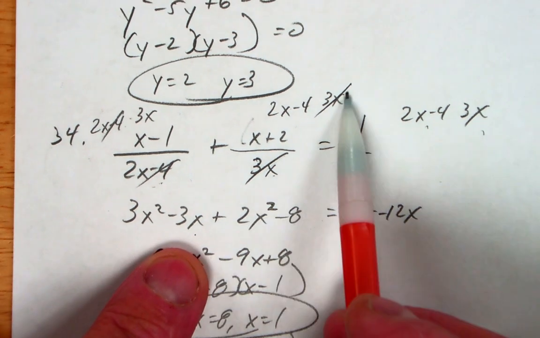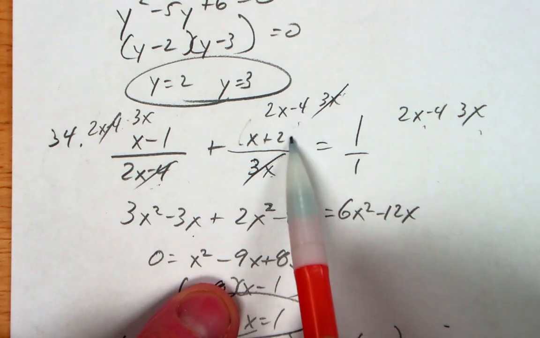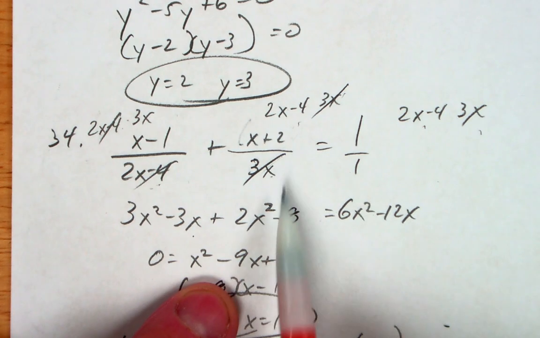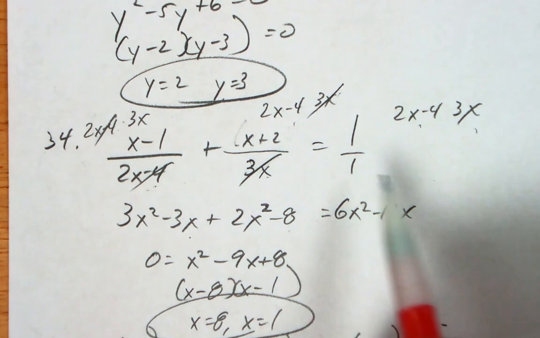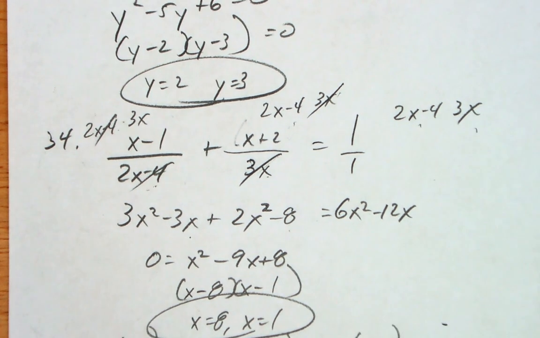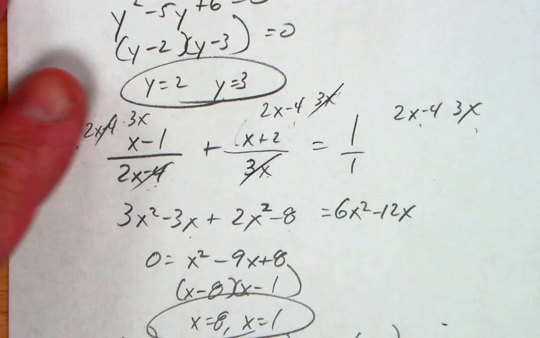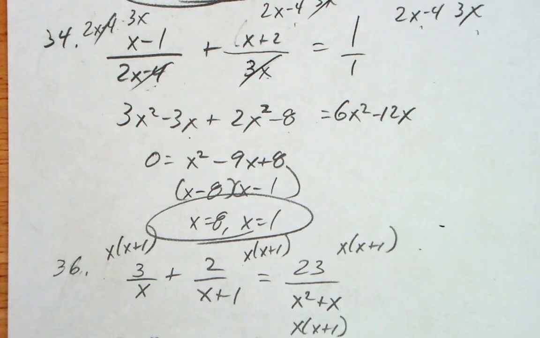Here, the 3x's cancel, so I multiply these two together, and I notice that I get something to cancel out. I just get 2x squared minus 8. And here, nothing cancels, so I just distribute that, and I get 6x squared minus 12x. So then I combine my like terms, move things over, and I get that, which factors, and my solutions are 8 and 1.